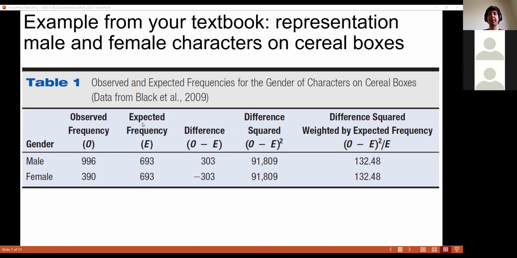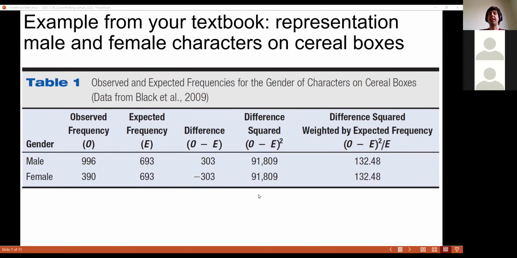So expected is like the word expectation, and expectations are often a matter of opinion and interpretation. And we'll see examples of how the surprisingness of a finding can be very different depending on what our expectations going into the data are.